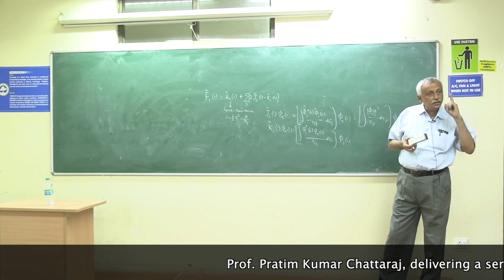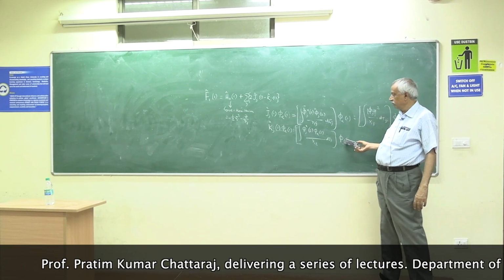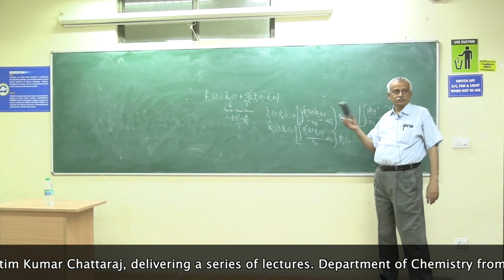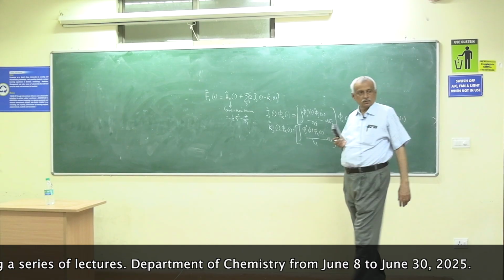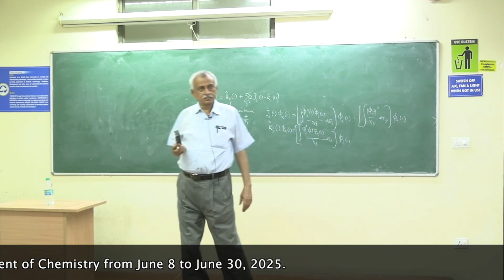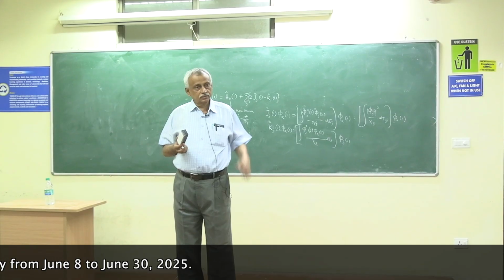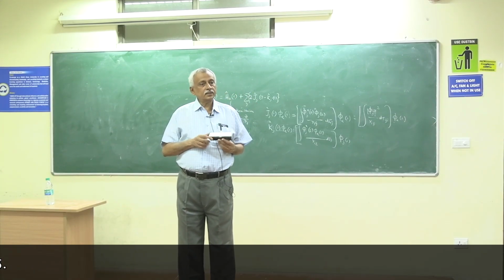There is an additional problem: to solve this now you have to know the solution beforehand. So these are called non-linear equations. Your Schrodinger equation is a linear equation, but these are non-linear equations. What are the non-linear equations?